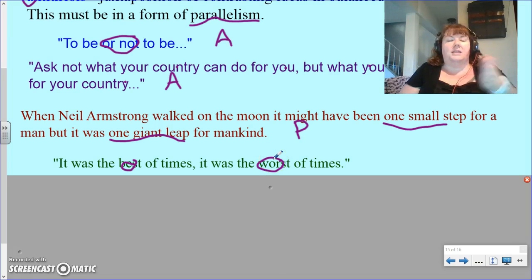Then looking at how this is written, it looks exactly the same. It was. So it's an anaphora, first of all, but you also have the structure within it. There's the same number of words, there's the same placement. The only difference is best versus worst. So this is an antithesis.